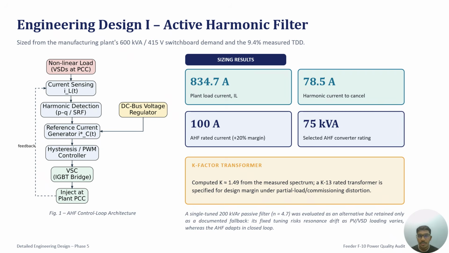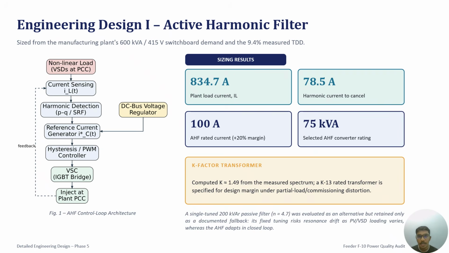Now into Phase 5, which is detailed engineering design, where we turn the selected package into sized, specified hardware, starting with the harmonic filter, the active harmonic filter. It is sized from the manufacturing plant, which is 600 kVA at 415 V switchboard demand, and the measured 9.4% TDD.